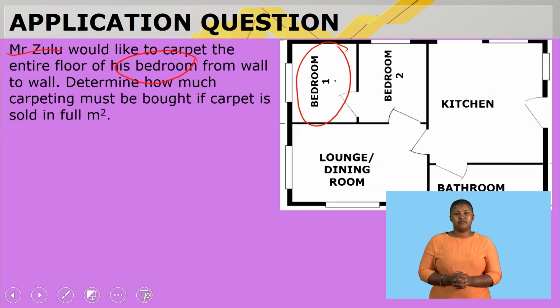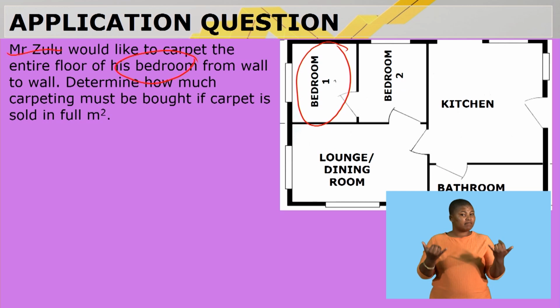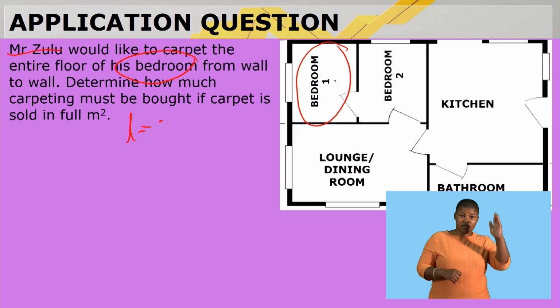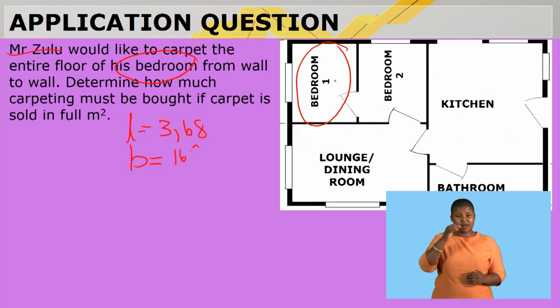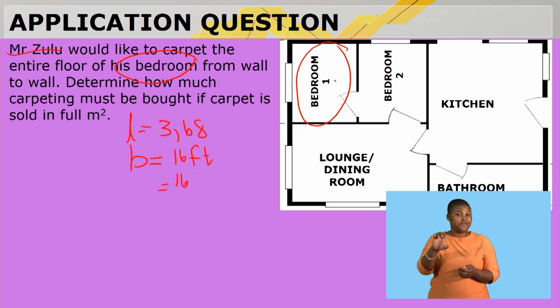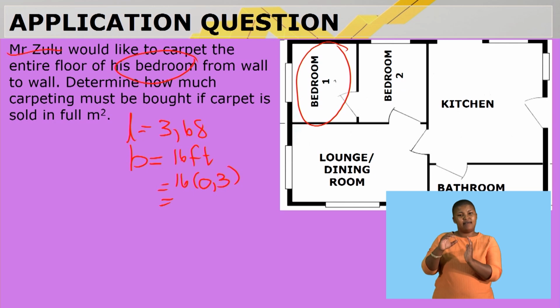So, what do we know? We know the length of his wall is 3,68, but the width we still need, that is 16 feet. So the 16 feet is going to be 16 times 0,3, which is 4,8.